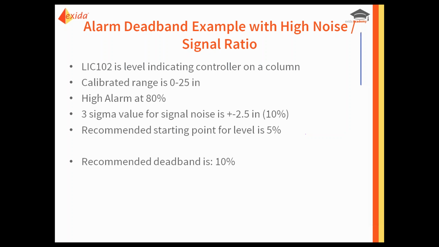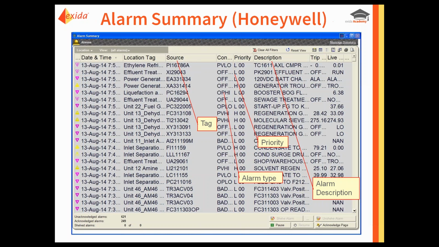Now, one of the reasons why deadband is important is because of how it affects the operator in the behavior of alarms. Here's an example of an alarm summary display from a Honeywell system that shows a whole bunch of information about the alarms: priority, tag, and including what is the alarm limit and what is the current value of the alarm.